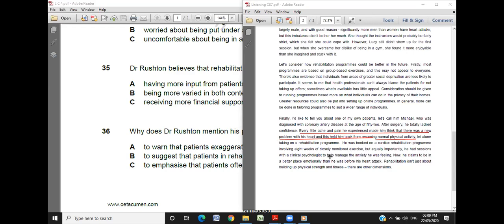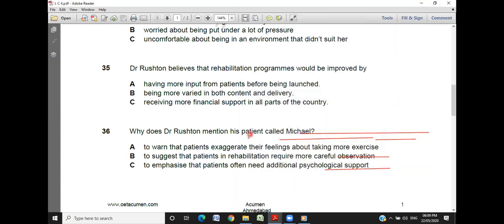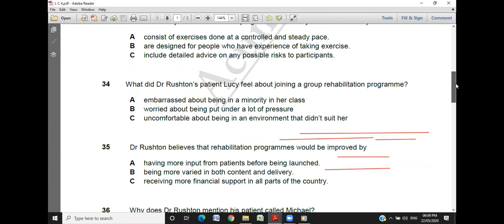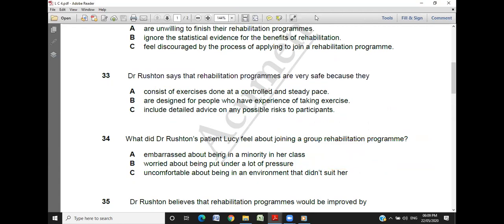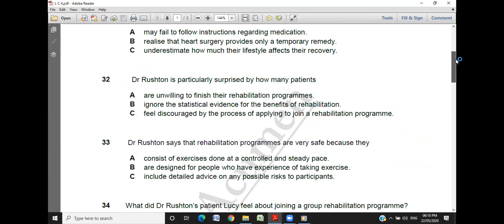And then when he was provided with counseling to manage his anxiety, he started feeling better. And the final clue in the jigsaw puzzle is here, that we need more than the physical exercises. There are other dimensions. So he was trying to highlight the psychological aspect of it, and therefore C is the correct answer here.